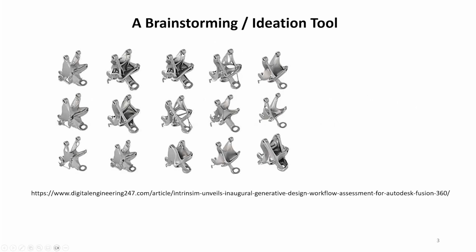You see two holes here and one at the base, and you give it the strength and amount of material to use, and it just spits out a whole range of designs. When I first saw this, I was thinking, wow, now the computer can do such things. So this is like an alarm bell.